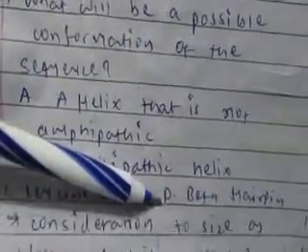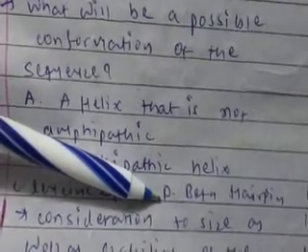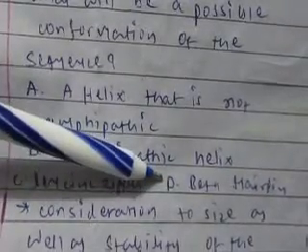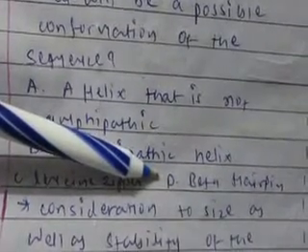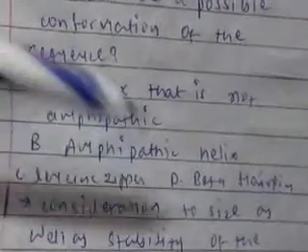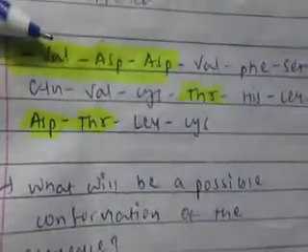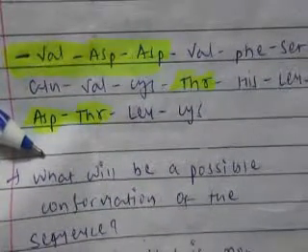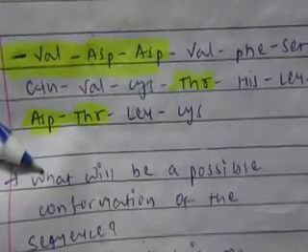Option C says that it may be a leucine zipper, and option D says that it is a beta hairpin model. Leucine zipper and beta hairpin models are in two-dimensional form, so options C and D are directly excluded because here only a sequence of amino acids is given. So we just have to find out whether this sequence is amphipathic or not.